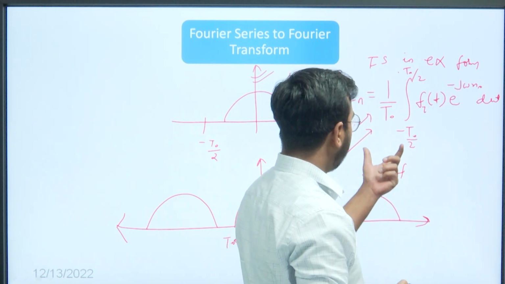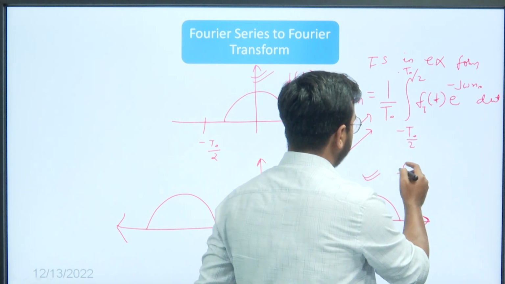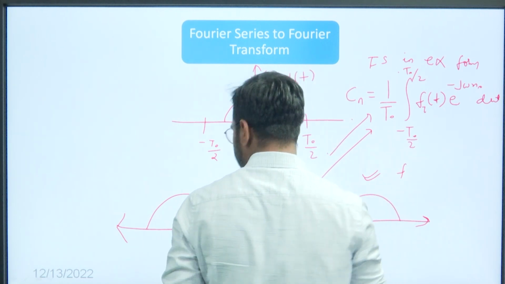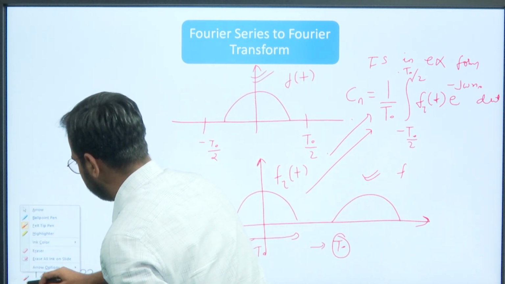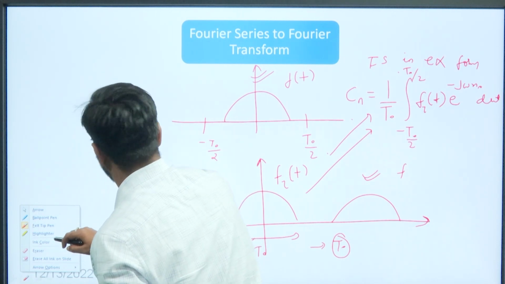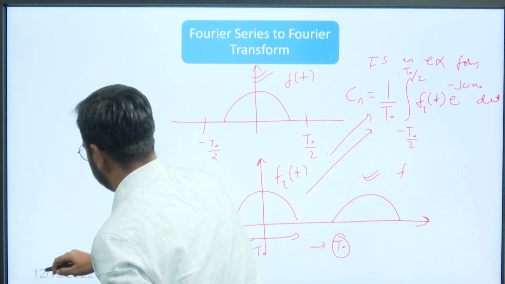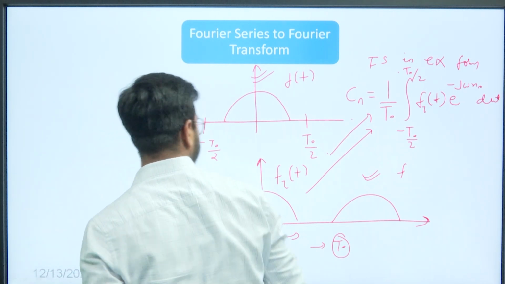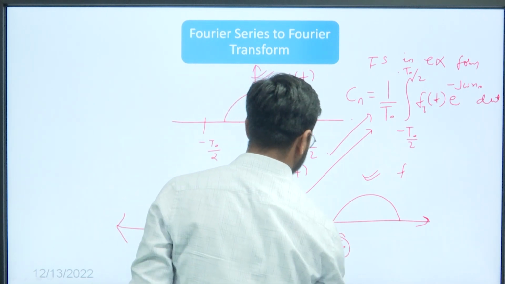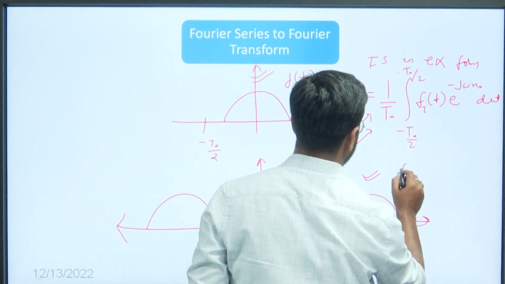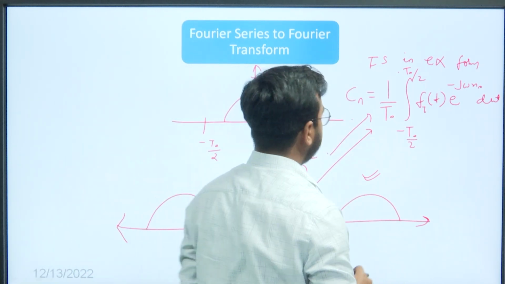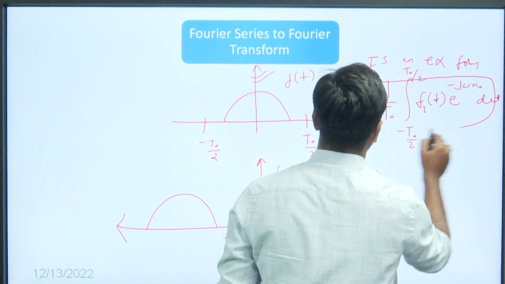Now suppose again we write like this, and from this, let us shift it, so this is what we will get as f(t).